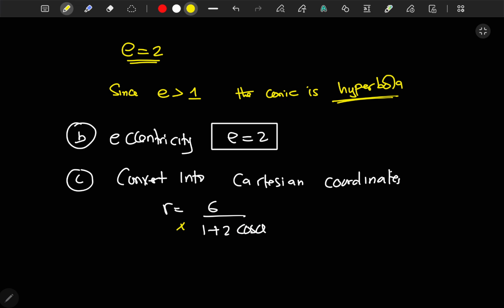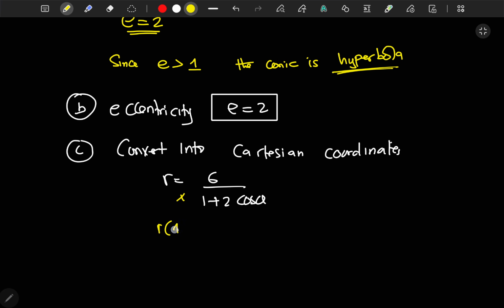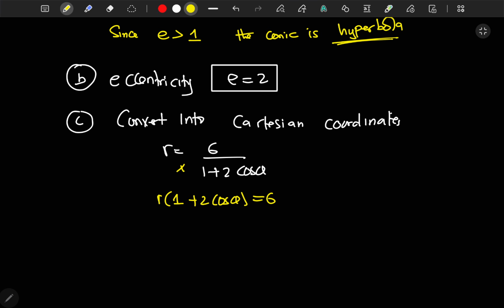Cross multiply, and this gives r(1 + 2 cos θ) = 6. Expand throughout, so this will be r + 2r cos θ = 6.